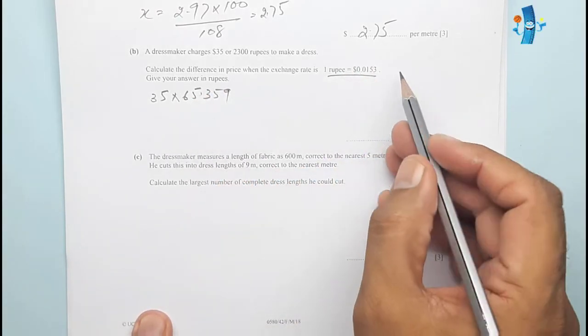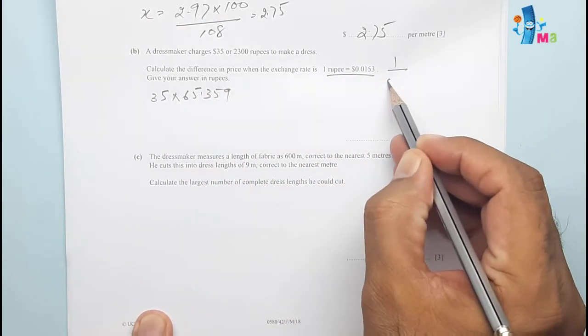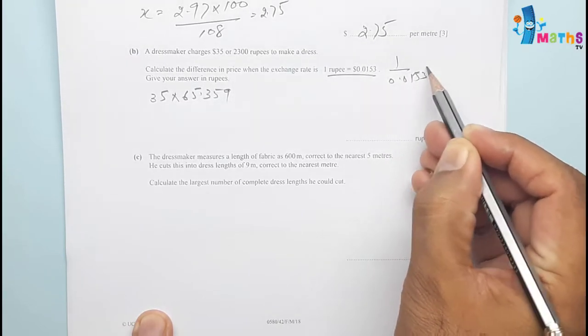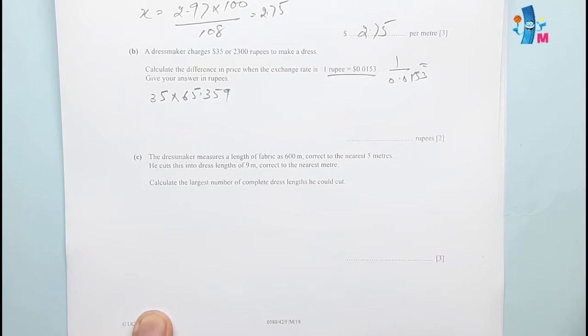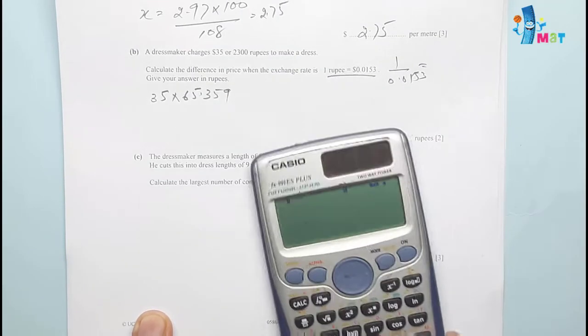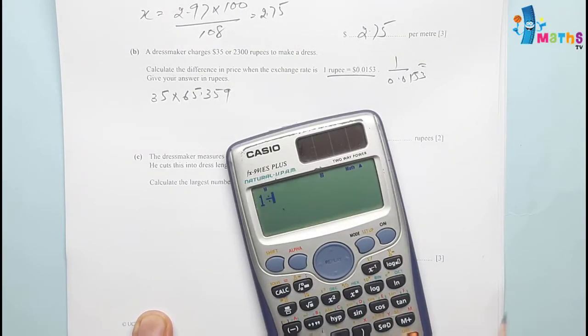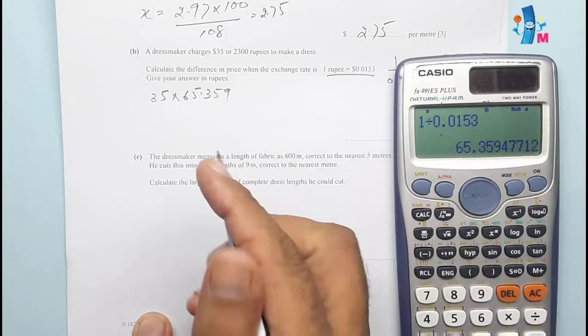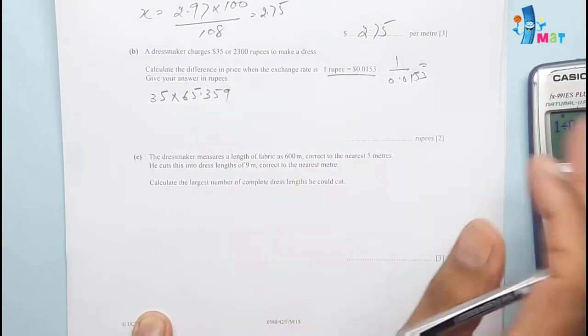So we can calculate 1 divided by 0.0153, and this will be equal to 65.359, which I have utilized over here.